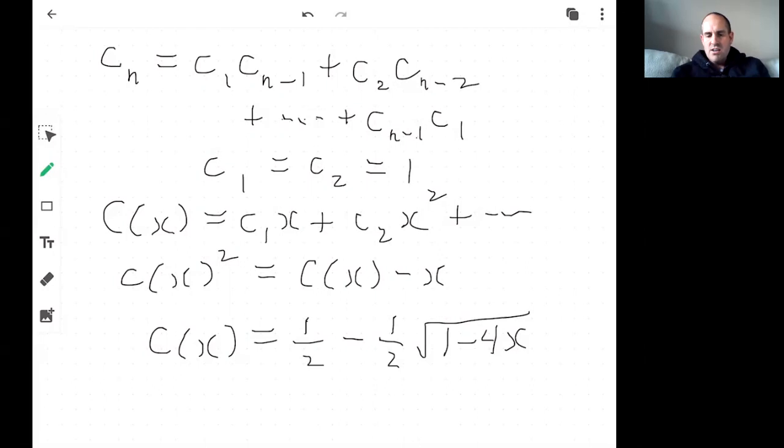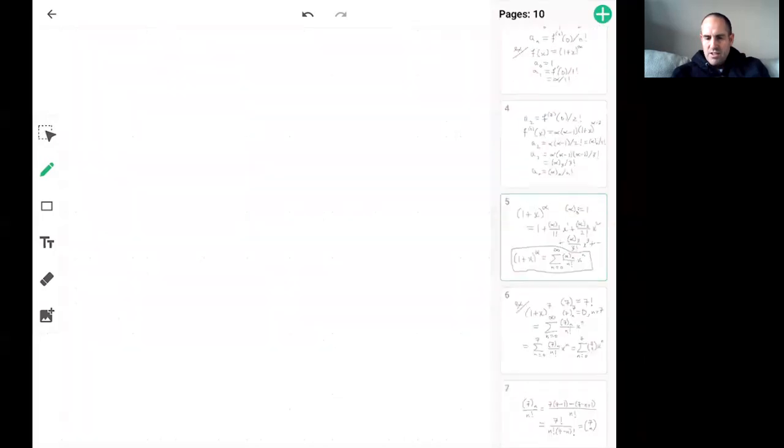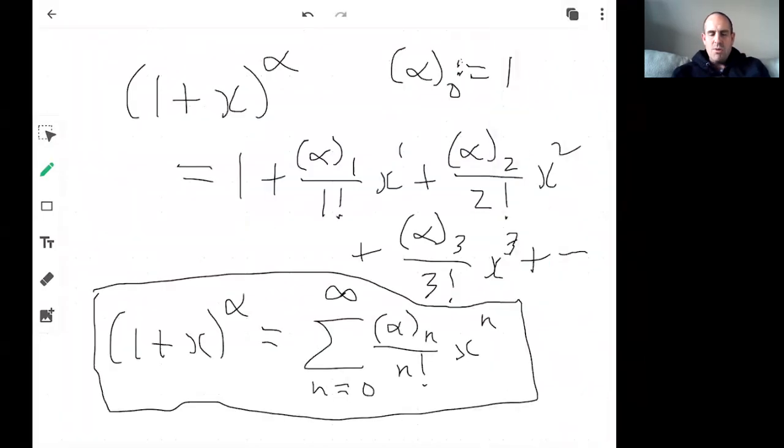And then we said, well, how do we deal with it? 1/2 minus 1/2 times that is basically 1 plus the quantity negative 4x, all raised to the 1/2 power. That led us to explore the general binomial theorem, where I have a power on a binomial that isn't necessarily an integer.